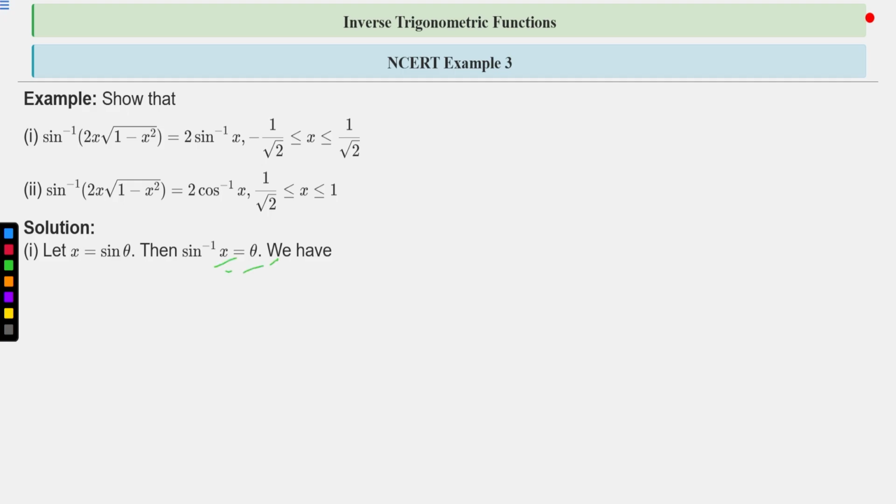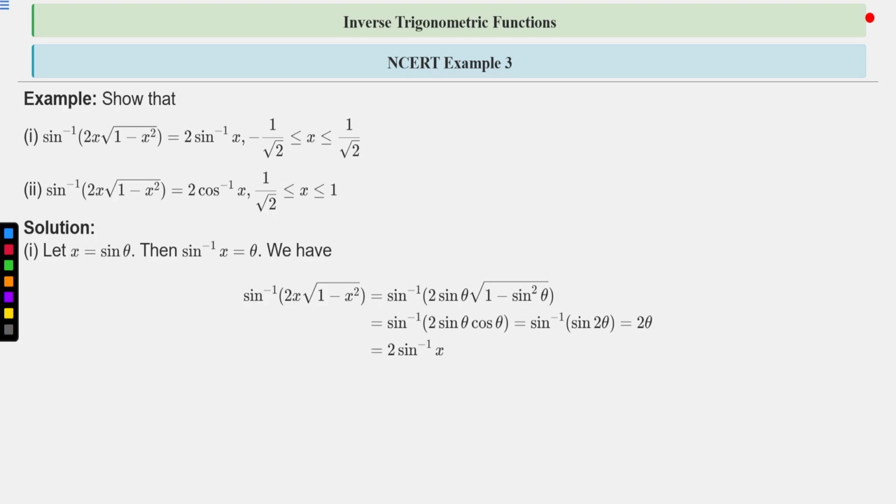Now we have sine inverse in the left hand side. You can write sine inverse of 2x root over 1 minus x square is equal to sine inverse of 2 sine theta root over 1 minus sine square theta, right? Clear? And it will be equal to sine inverse of 2 sine theta into cos theta, which will be equal to sine inverse of sine 2 theta, and it is equal to 2 theta, right?